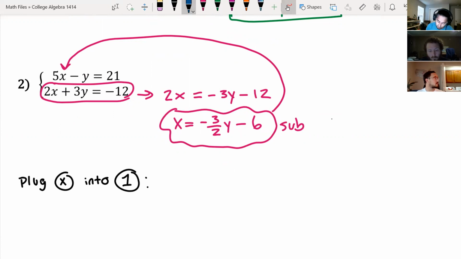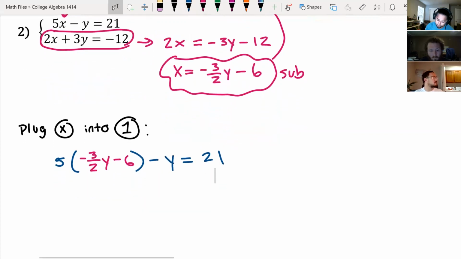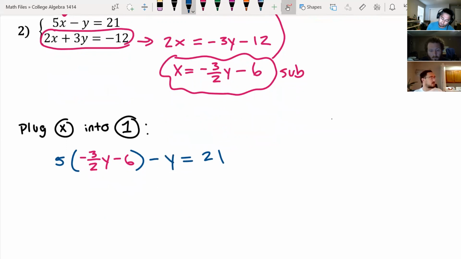Here we go: 5 times my new x value of negative 3/2 y minus 6, minus y equal to 21. So we took equation 2, plugged it into equation 1, and now we're going to solve for y. Distribute that 5. You'll get negative 15/2 y, not plus, minus 30 minus y equal to 21.